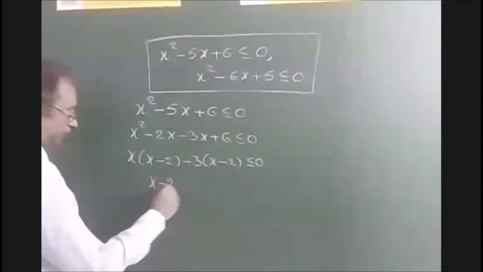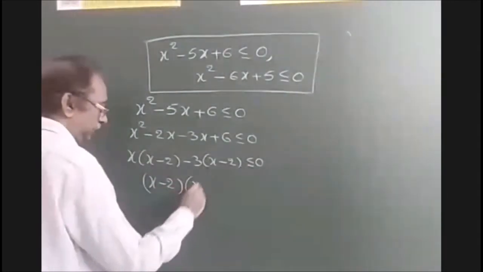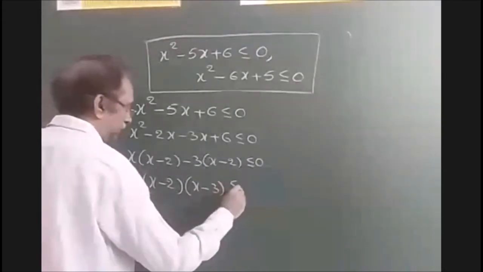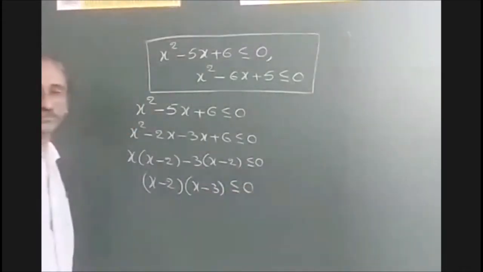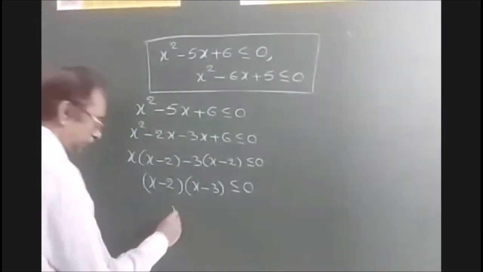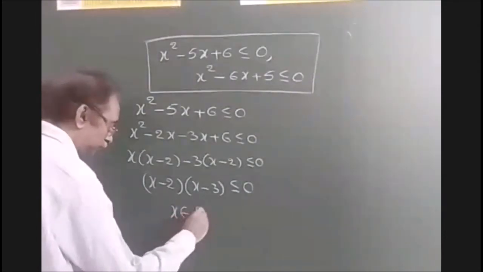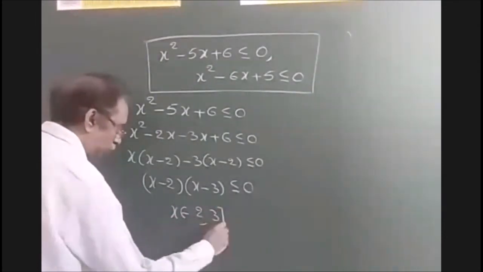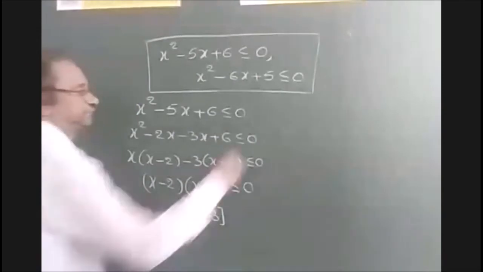So this is finally (x minus 2) into (x minus 3) less than or equal to 0. By the known result, x should lie in between 2 and 3, so the closed interval 2 comma 3.